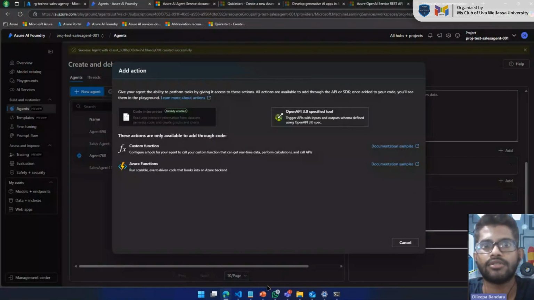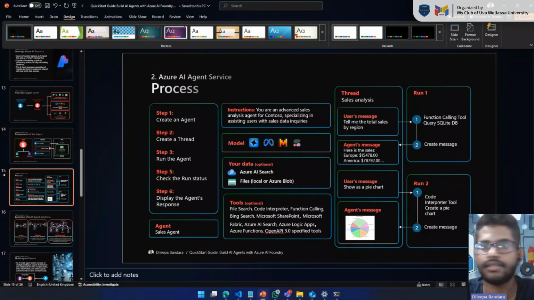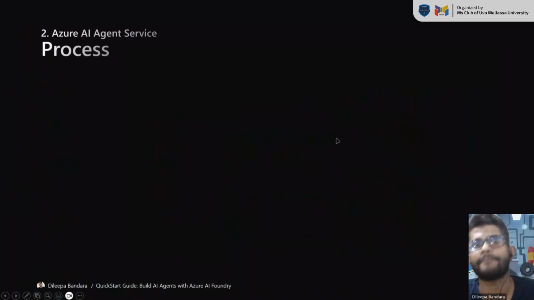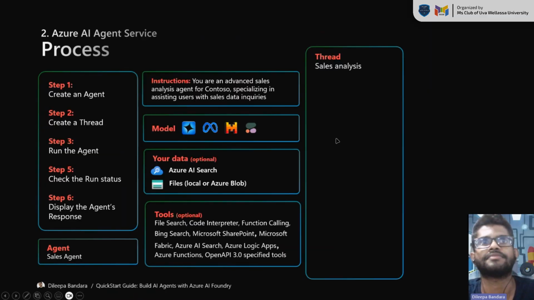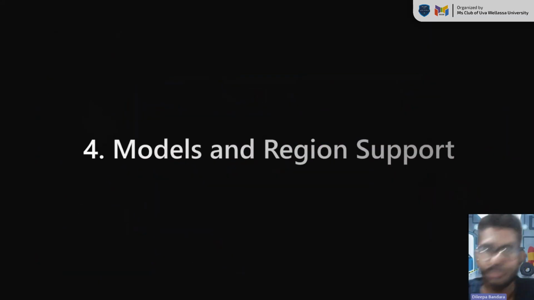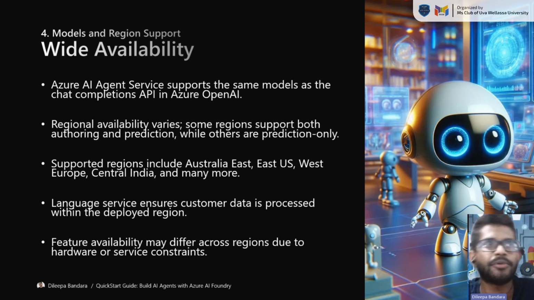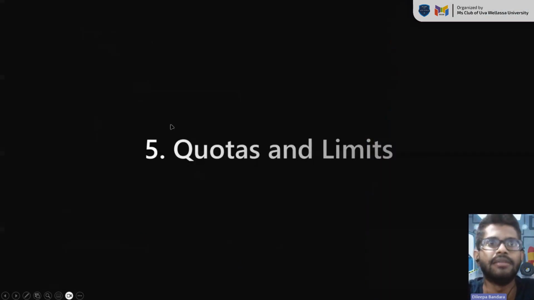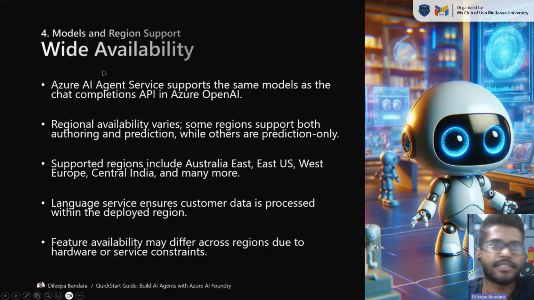These are the things that I wanted to share with you. Let's end this session with the remaining stuff. All right. Now, models and region support, right? There are widely available models. Azure AI Agent supports the same models as the chat completion APIs in Azure OpenAI.